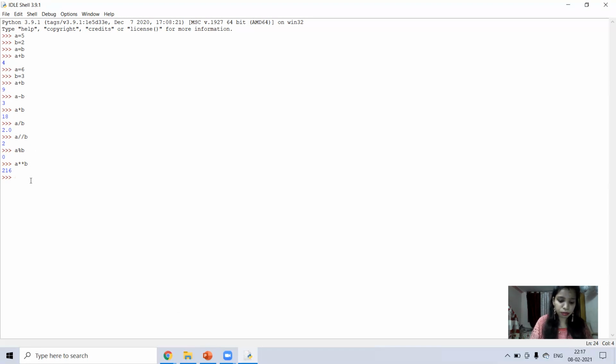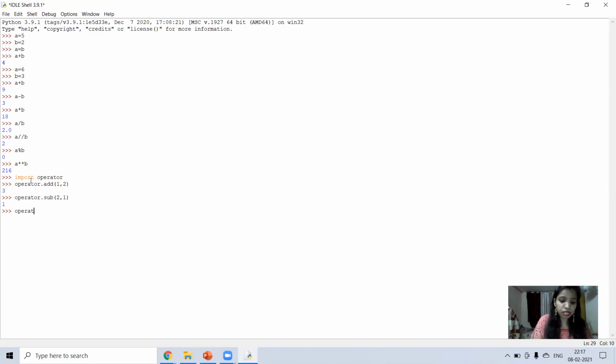But if I want to use commands, I have to use import operator. Now I can use operator.add. Suppose I'm adding 1, 2, so the answer is 3. If I use operator.sub, meaning subtraction, 2, 1, the answer is 1.